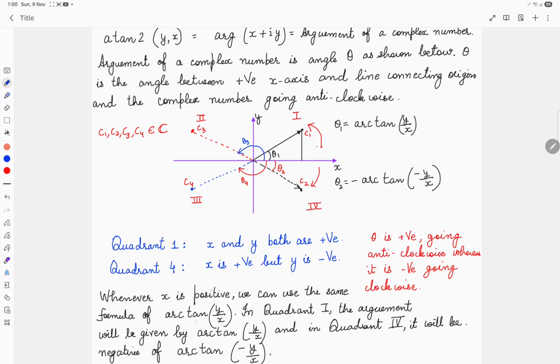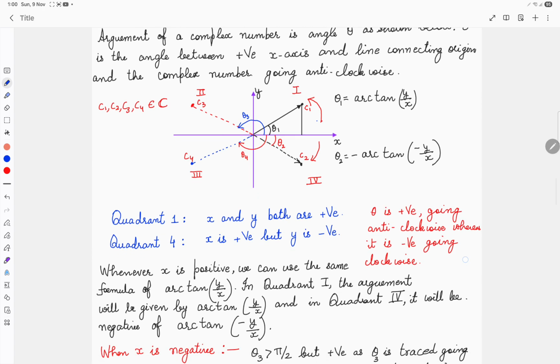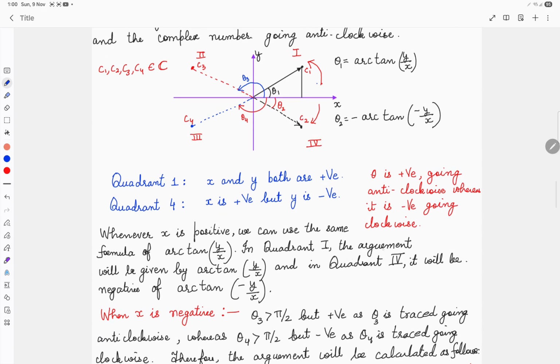In quadrant 1, the argument will be given by arctan y by x, and in quadrant 4 it will be the negative of this function, which is arctan of minus y by x, as I have just explained. So we can get theta 1 and theta 2 using the same arctan y comma x function.